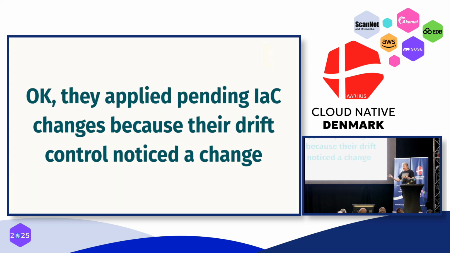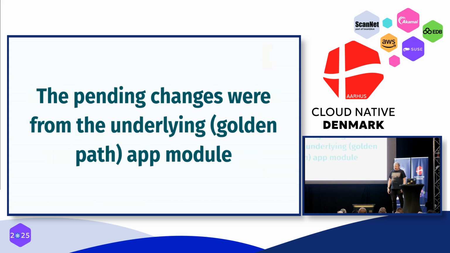We began investigating, and we noticed that they had applied pending infrastructure as code changes because they had this drift control that noticed the change, and they applied these changes. These changes were from the underlying app module, the sort of golden path app module that we have in our IDP.